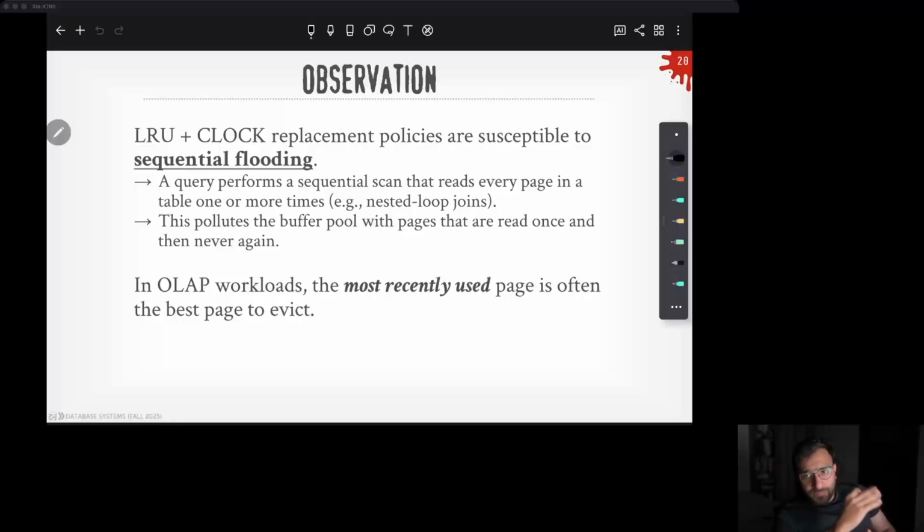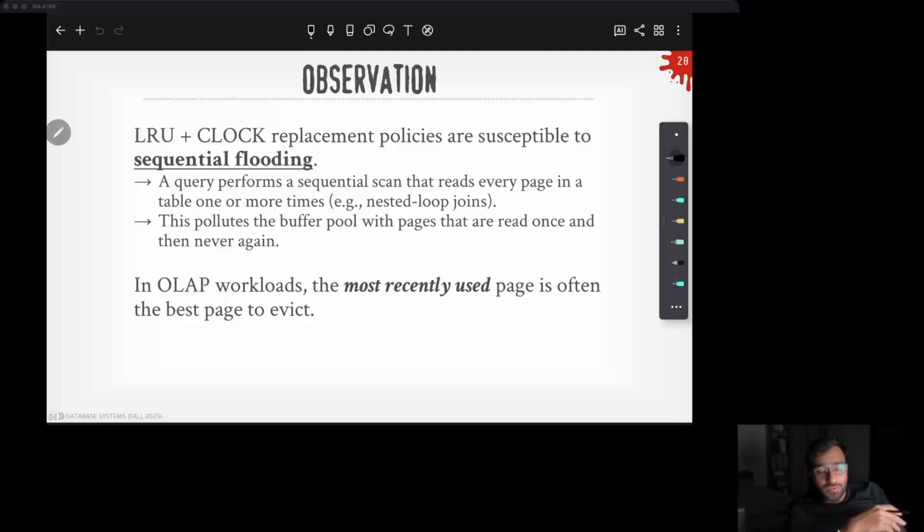Apart from the recency and frequency debate, there is sequential flooding, where one query comes along and does a blind scan on your whole table, bringing in a bunch of pages which are going to be used once and not used again. When you bring in these one-off pages, you might swap out useful pages that are hot and being used by other queries.